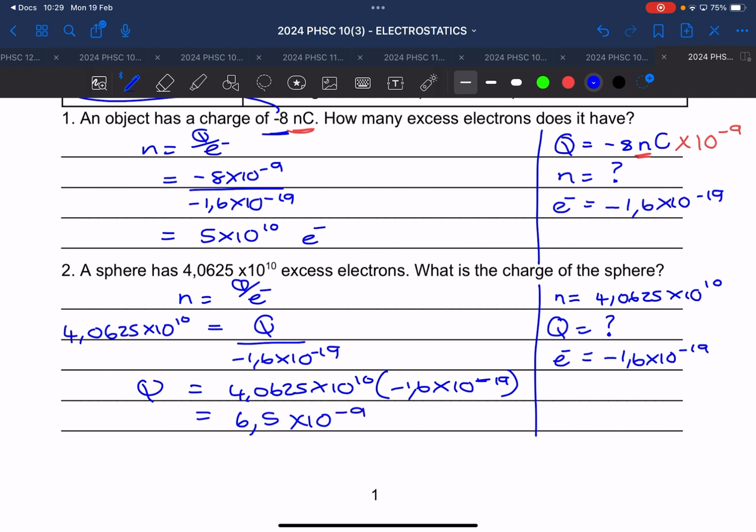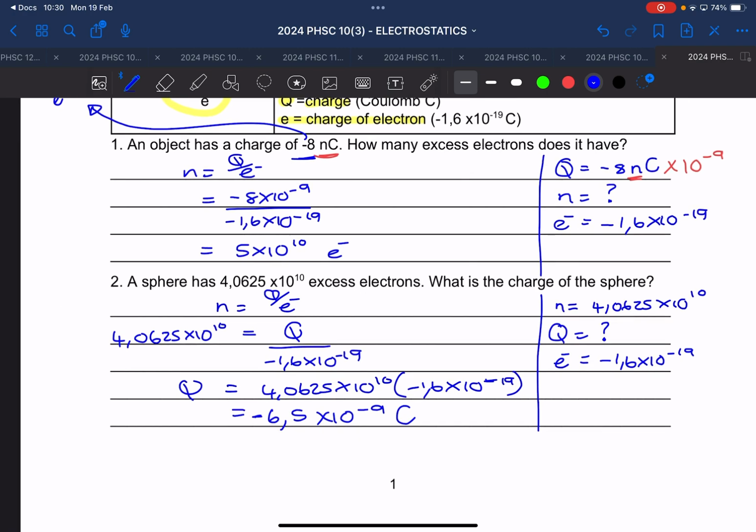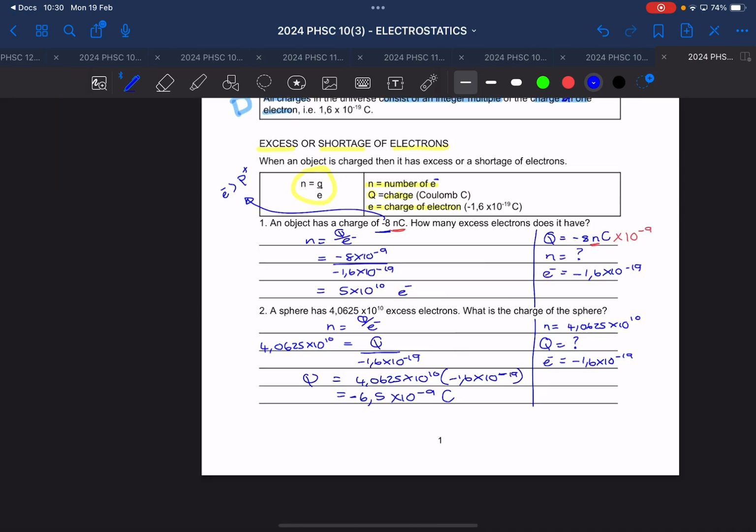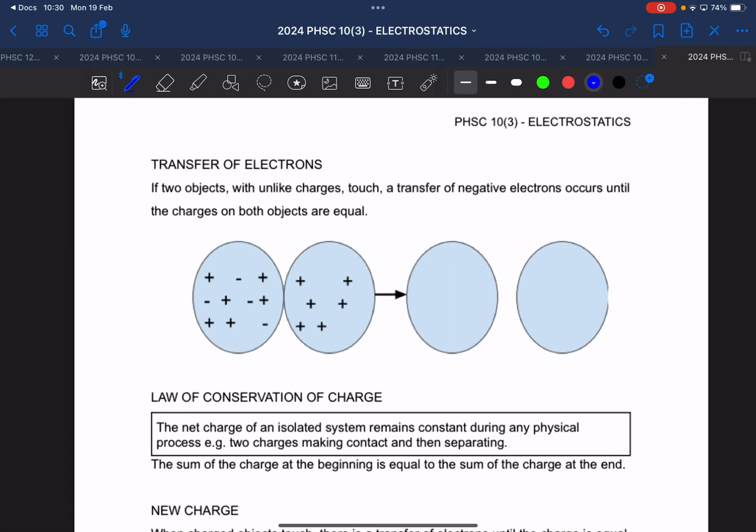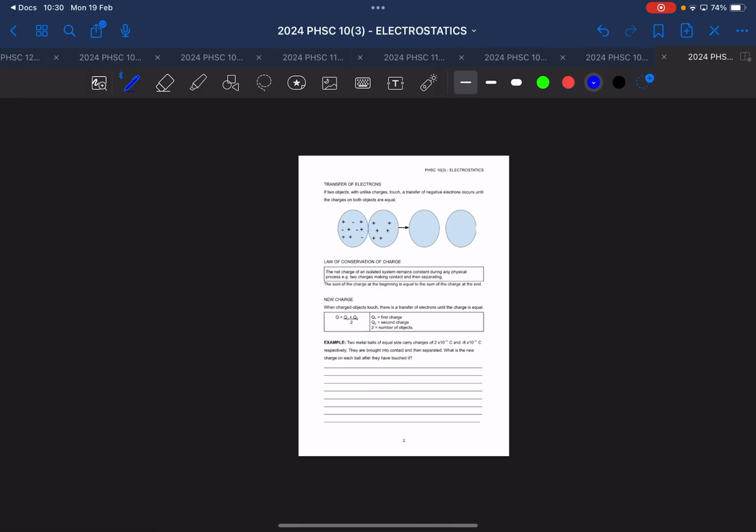To get a positive answer, you multiplied a positive thing with a negative thing and you got a positive answer. So it should be a negative answer, Coulomb. Okay. Yes? Easy peasy. Alright, now we're going to look at the transfer of electrons.